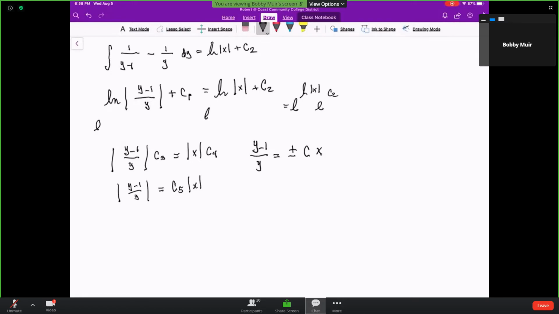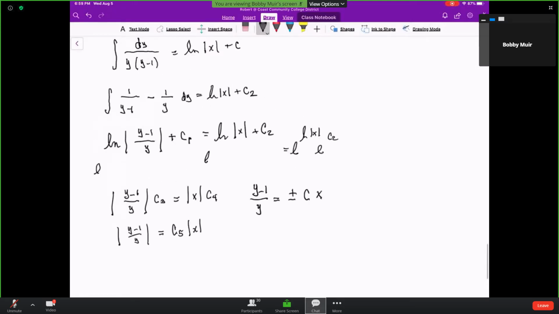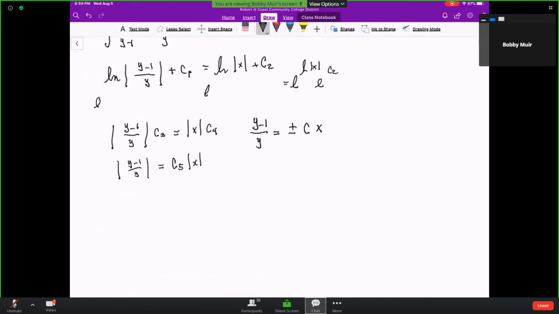Okay, now when are we going to use our condition? Well, the condition was that y of 1 is negative 1. So when x equals 1, y equals negative 1.